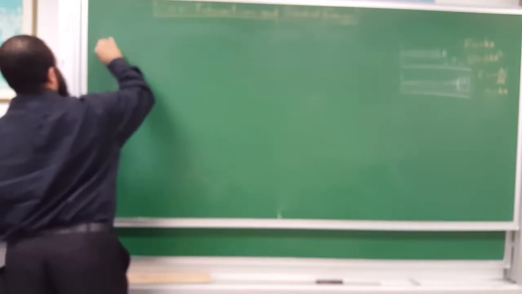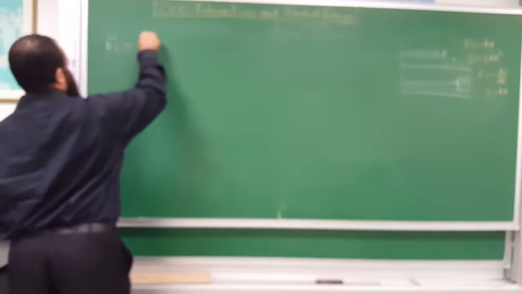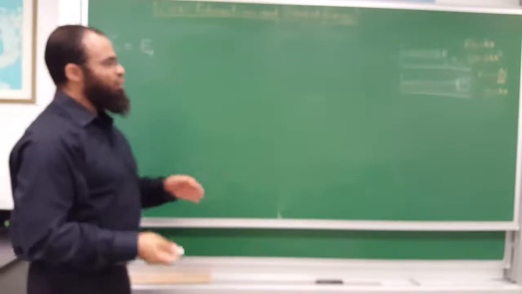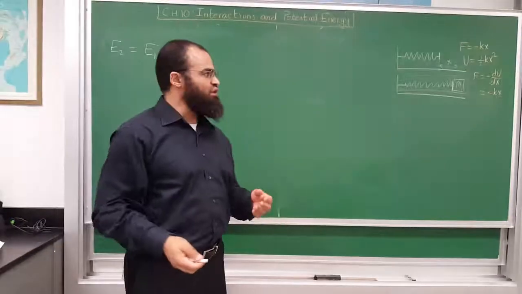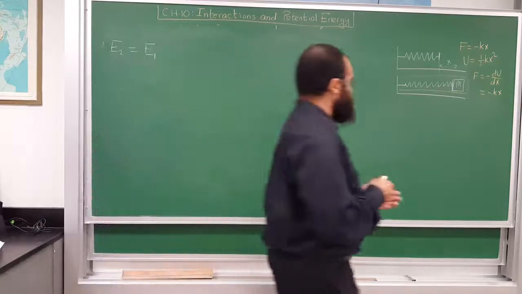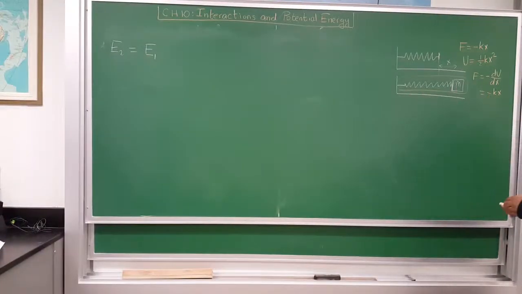So we say the mechanical energy at the end should equal the mechanical energy at the beginning, because there are no external forces doing work on this system. So think about it. As the mass moves back and forth horizontally, gravity is external, but gravity is not doing any work. If you move to the right and left, gravity is perpendicular, so it does not do any work because it's at 90 degrees.